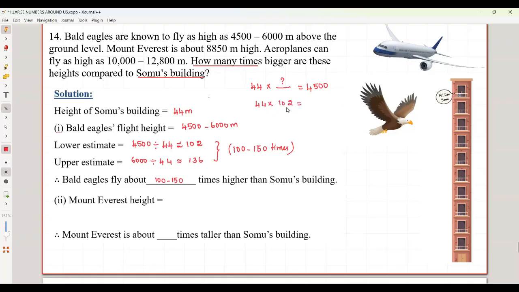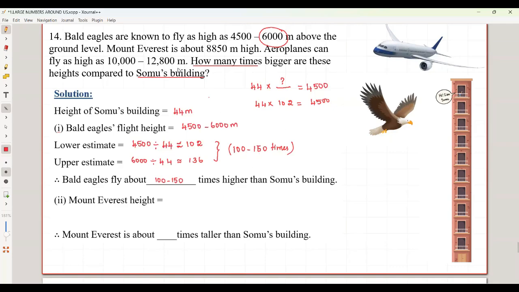Approximately, if you multiply by 102, we may reach 4,500. That is the lower limit. To reach 6,000, 44 into 136, we may reach 6,000. So from this we are getting approximately 100 to 150 times.